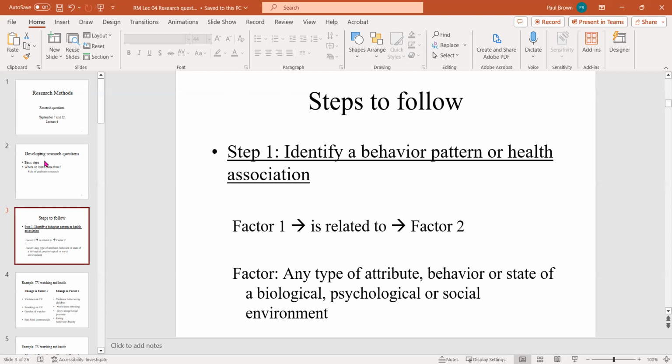Now, what's kind of confusing is that oftentimes we write factor 1, the independent variable, leads to the dependent variable, right? Meaning that if this thing goes up, this thing goes up or down.